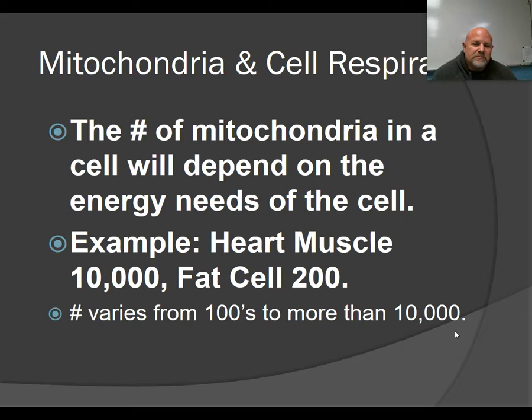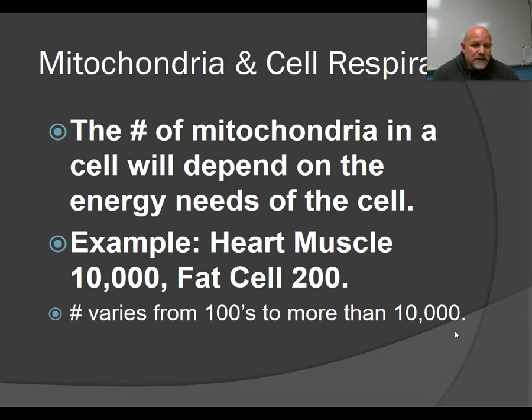Cells that don't use much energy, like fat cells, where basically they just store fat, might only have 100 or 200 mitochondria in them. They're not going to utilize a lot of ATP, and so they don't need a lot of mitochondria.